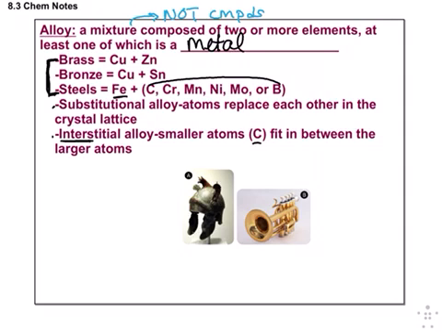So interstitial kind of is in between. And so with that, I'm not too worried that you know the specifics of the substitutional and the interstitial. I'm more worried that you know what an alloy is, and then these 3 examples.